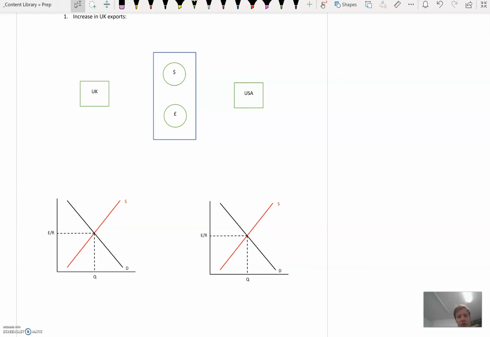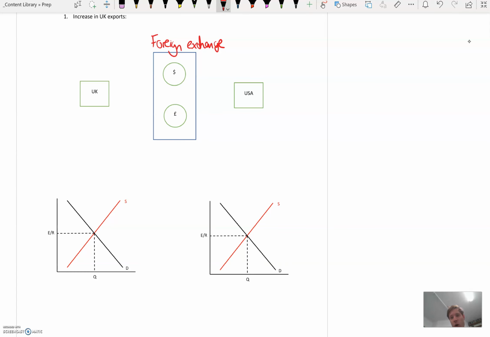So the first thing we're going to do is talk about what this is in between our two countries. That is the market for foreign exchange. You can think of this most simply by thinking about what you do when you go to a bureau de change or a Travelex or a place where you change money. When I, for example, take my pounds, I'm going on a trip to New York. I give the pounds to the shop, and I take out dollars.